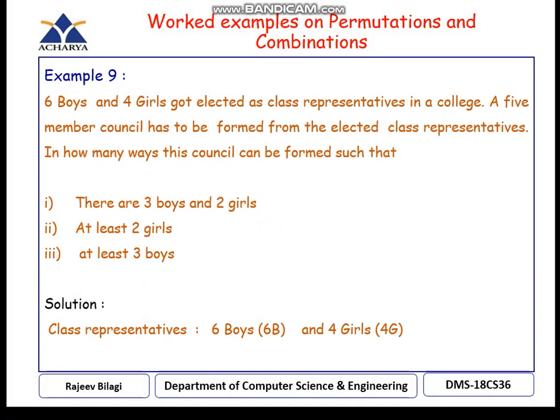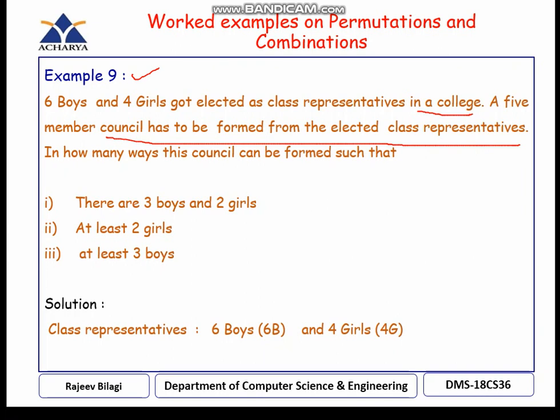So we are going to take some different set of problems with this. 6 boys and 4 girls got selected, and a 5-member council has to be formed from the elected representatives. So in a team you have to represent 5 different people.